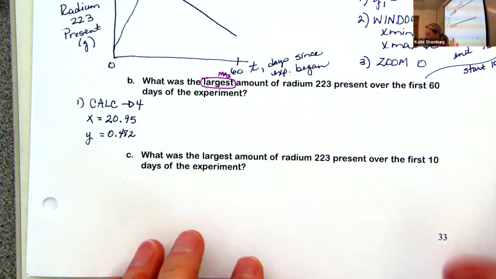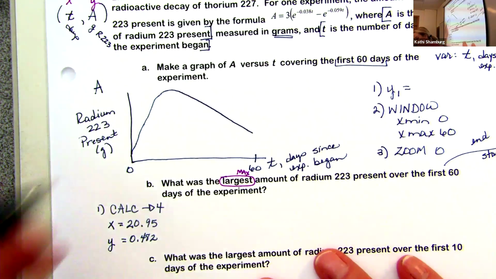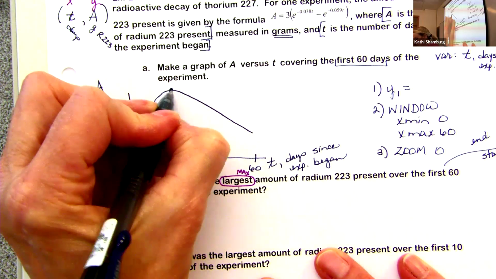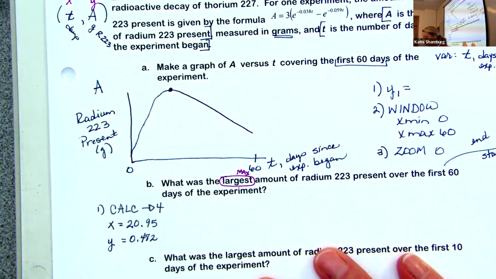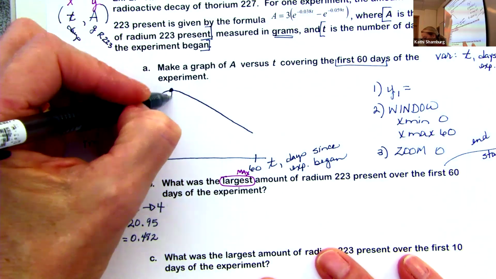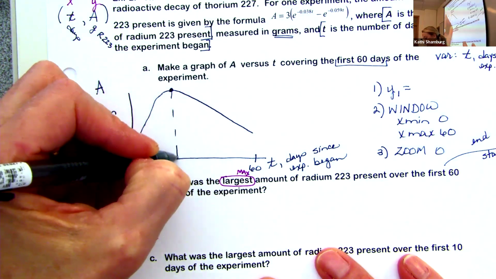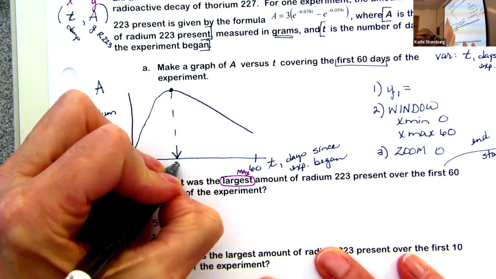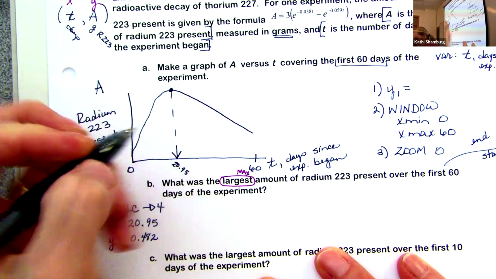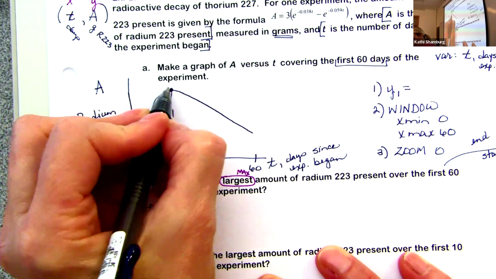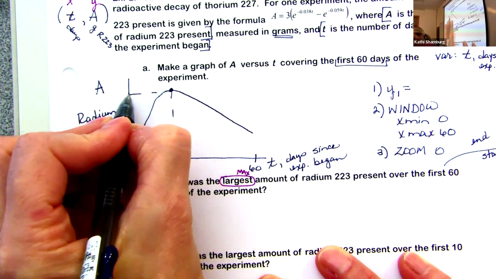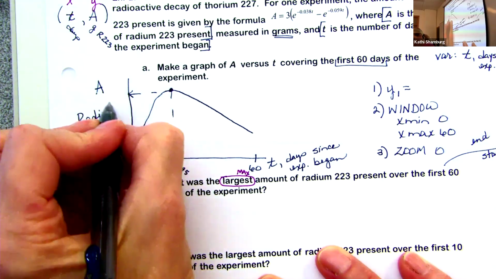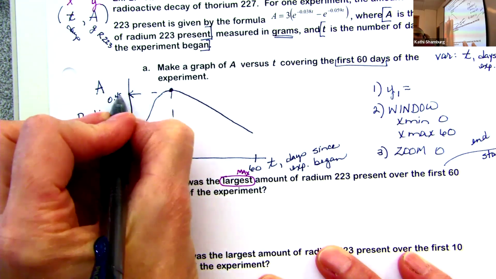So what we have found is this maximum's ordered pair. That tells me that if I go down to my X axis, this is 20.95, and if I go over to my Y axis, this is 0.482.